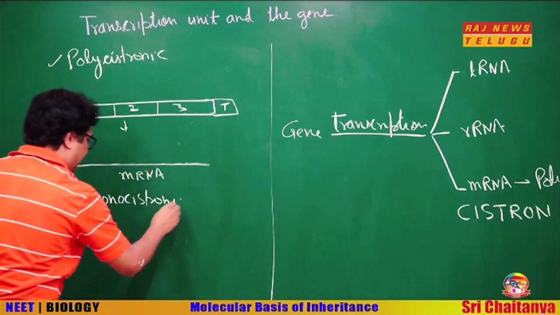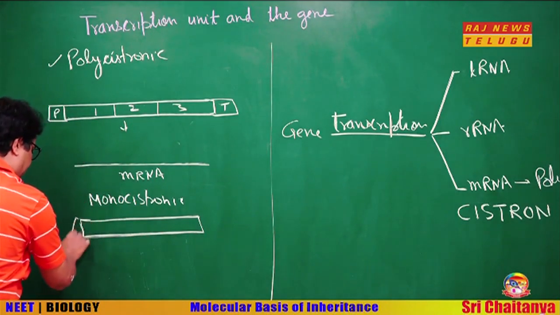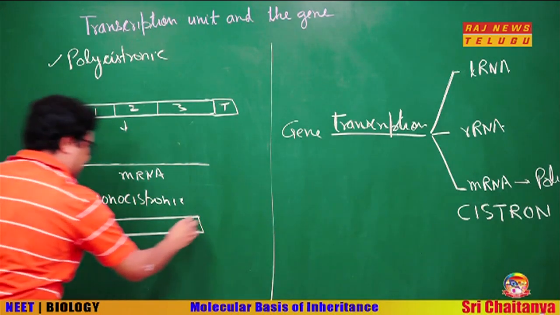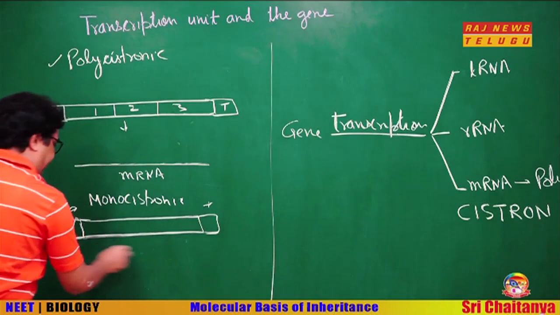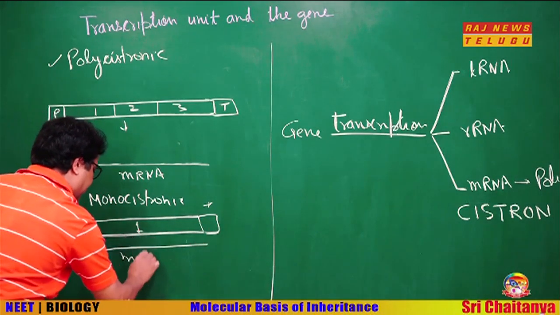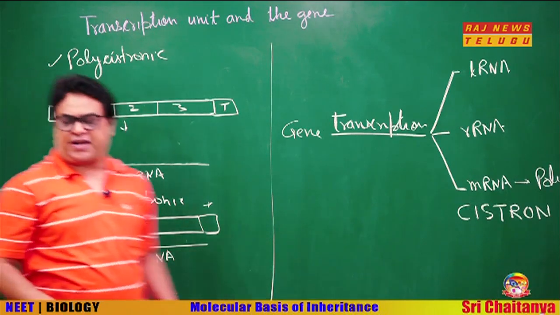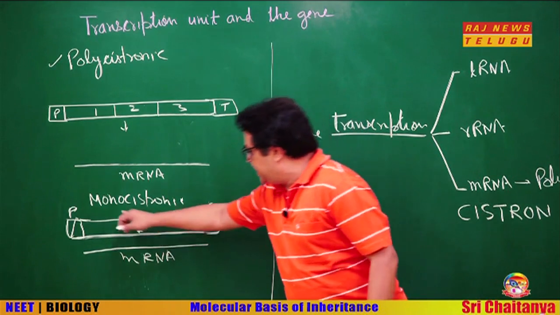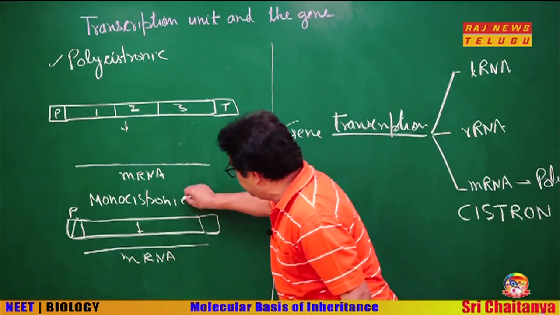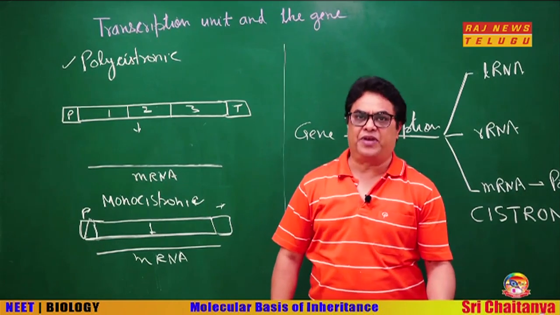Now, on the contrary to this, monocistronic. See, if this is the promoter, this is the terminator, and the mRNA is the product of only one cistron, then it is called monocistronic, and this is mostly found in eukaryotes.